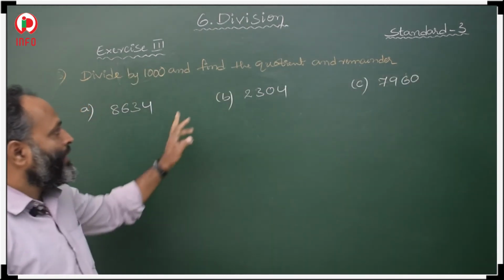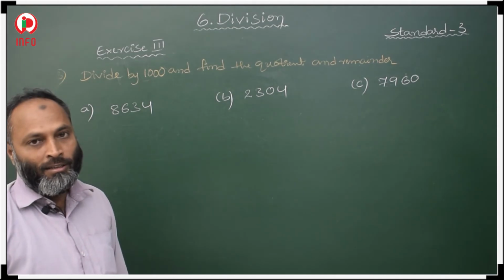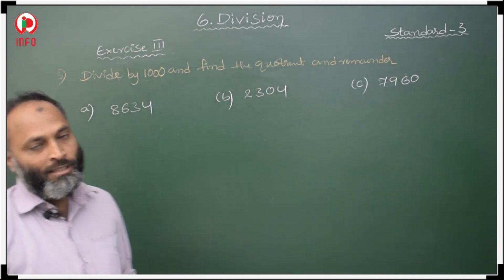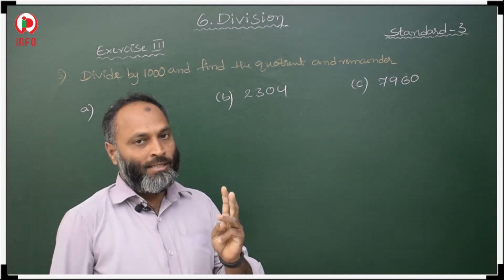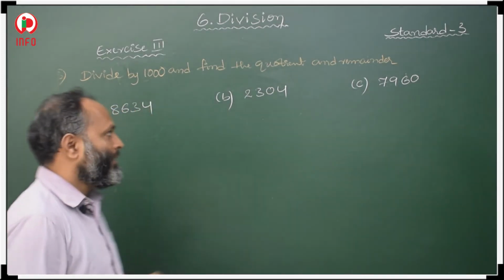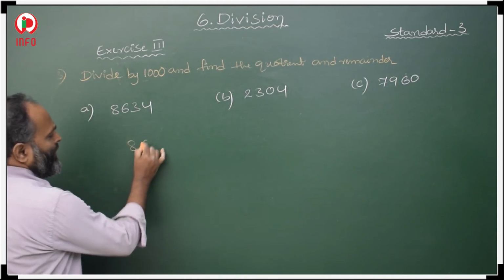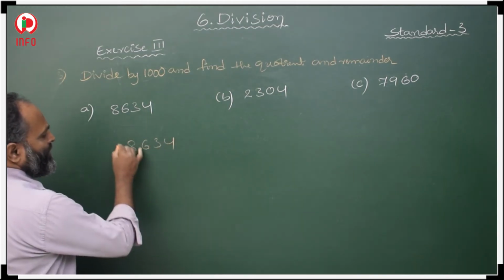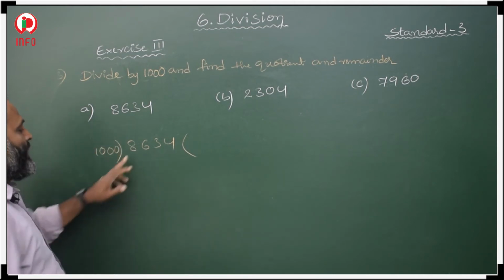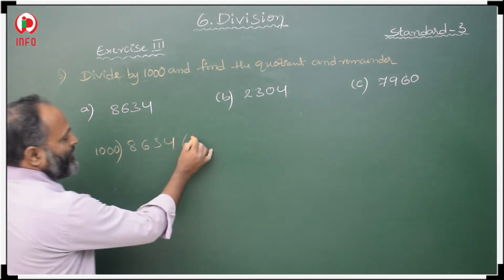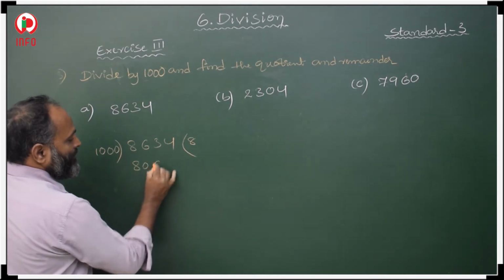Divide by 1000, find the quotient and remainder. When we divide by 1000, we will get the last 3 digits as remainder, that is ones, tens, hundreds. Okay? See here, 8634 divided by 1000. Here 8 is there, 1000 8s are 8000.